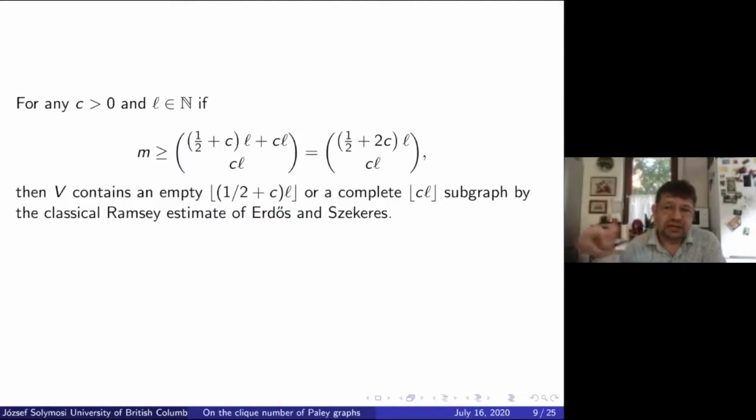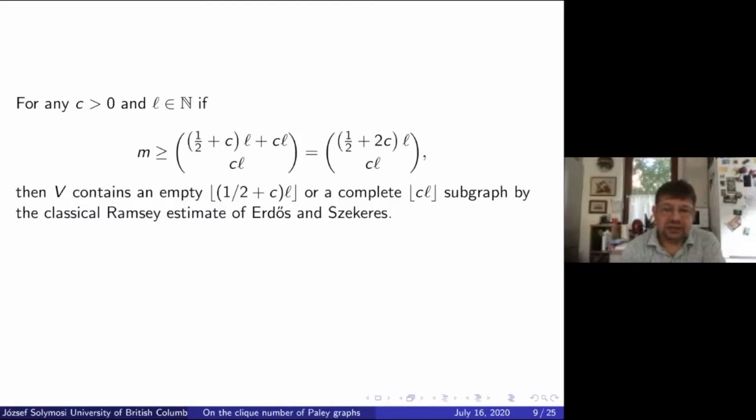So there either you find a large one, in this case, 1/2 plus C times L, where L stands for log, we will see in a minute, or you will find a complete one with C times L. This 1/2 here is that we want to beat the base 4 log, and we want to have a better exponent there. So 1/2 is the improvement above that.